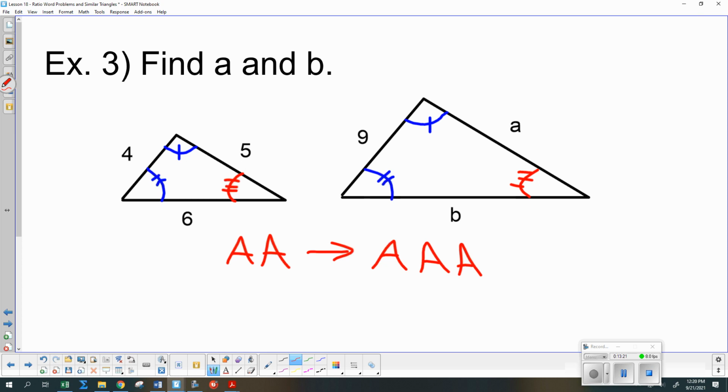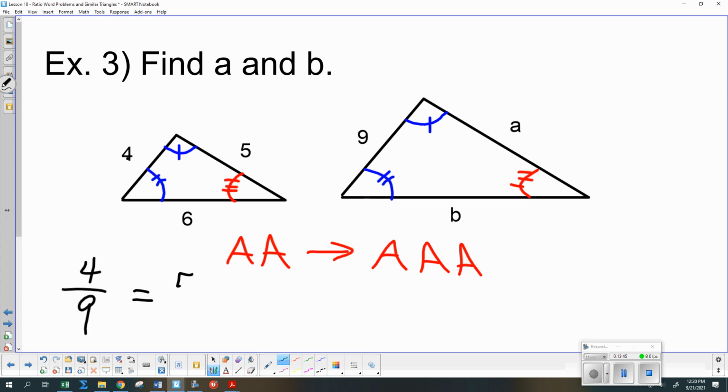So then to set up my ratios, I can start anywhere that I want. I'm going to start with the 4 on the left, which means I'm going to be starting with the left triangle in the numerator for all 3 of these fractions. 4 was across from the red 3 tick marks. 9 is across from the red 3 tick marks, so 4 over 9.